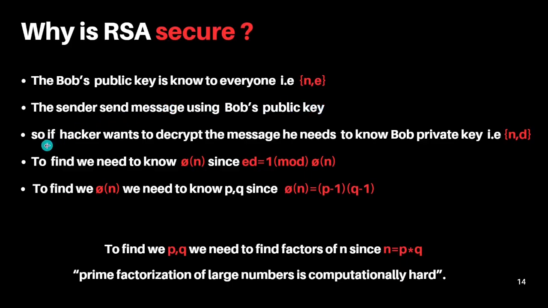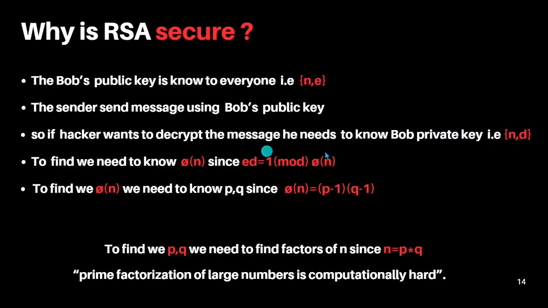While sending, if there is a hacker who wants to decrypt the message which I send to Bob, then he needs to know Bob's private key, that is d. So I'm sending a ciphertext to Bob. If the hacker wants to decrypt the message and read the original message, he needs to know the private key for decrypting the ciphertext.